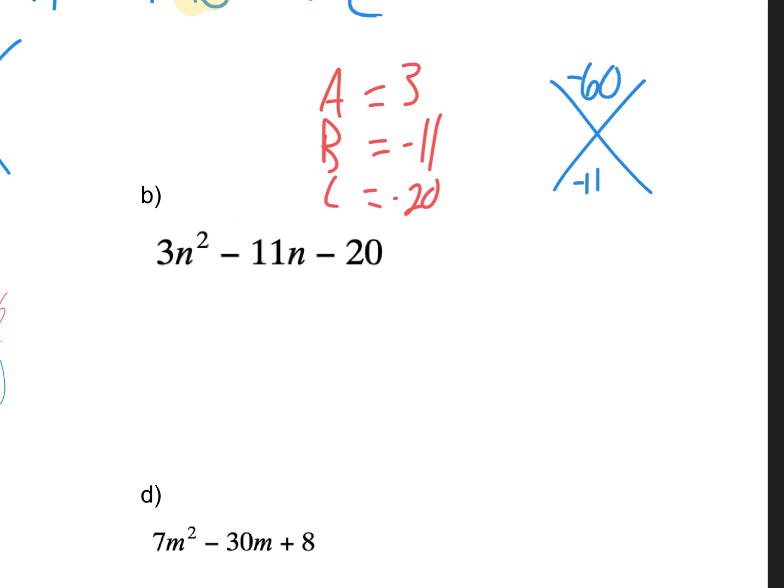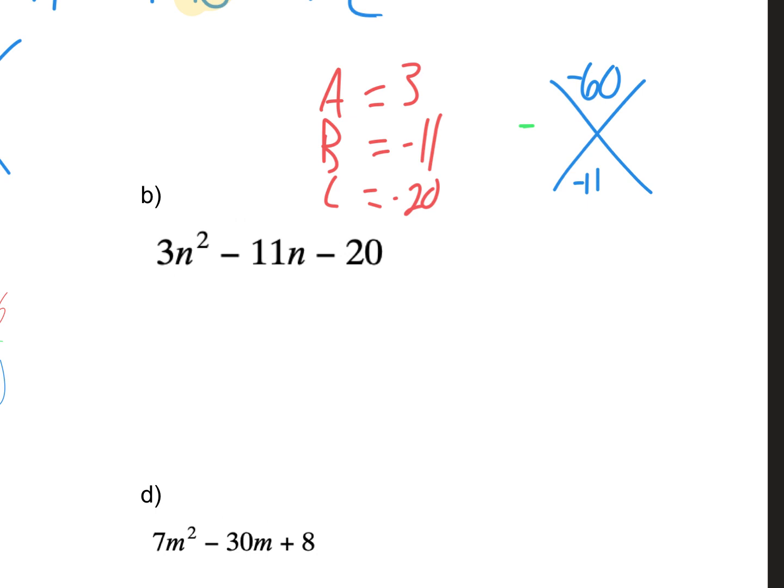So we need two numbers that will add together to give us negative 11, and they'll multiply to get us negative 60. Notice our product is negative, so if that is the case, one of our factors has to be negative, because a negative times a positive gets us a negative.